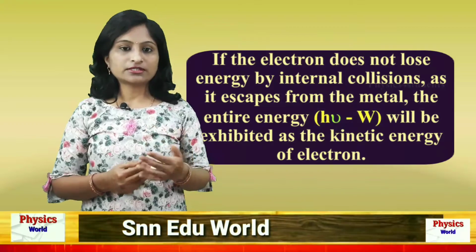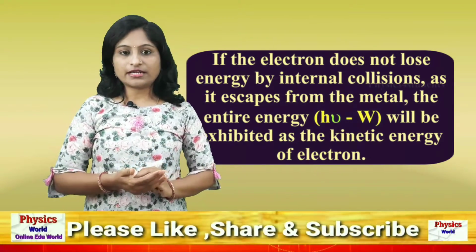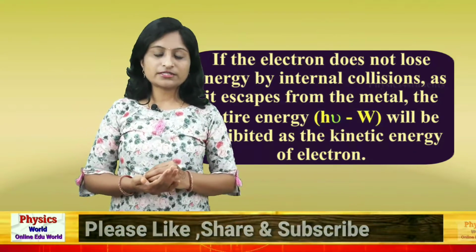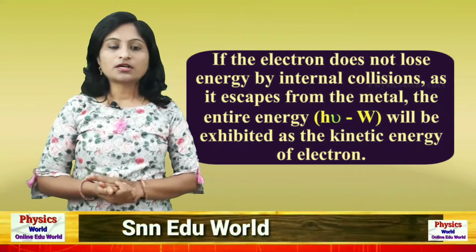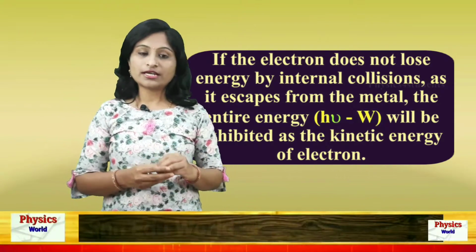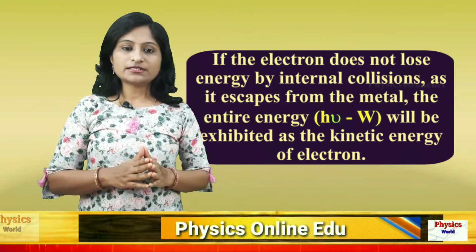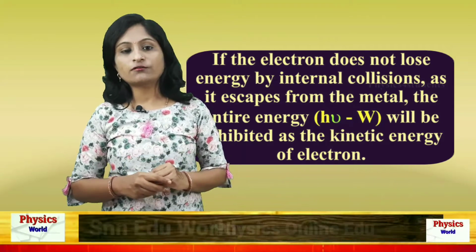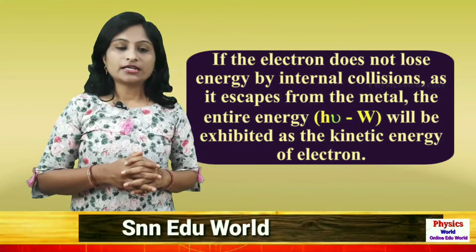This energy is less than the photon energy, so one part is used for emitting the electron. The remaining energy, if it is not wasted in any other activity, is the kinetic energy of the electron.